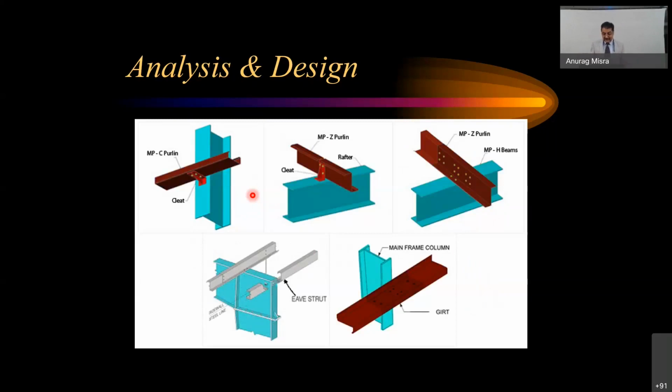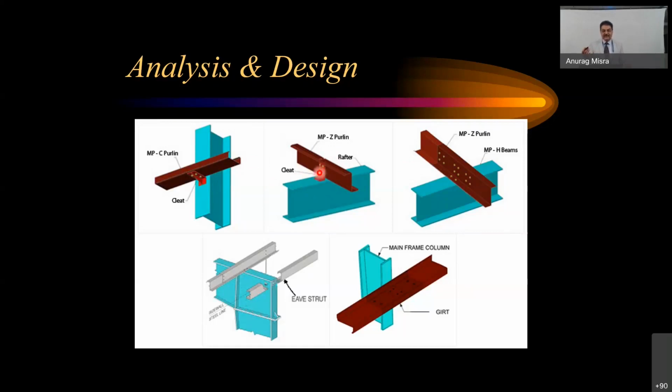Then there are certain more things, some cleats and how the connections are going to be made of the purlins and the rafters or maybe girts on the vertical columns. So these are some of the things you can see: we design a cleat beforehand.